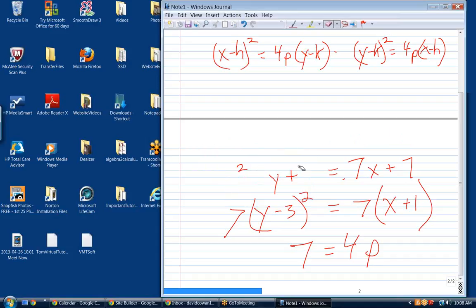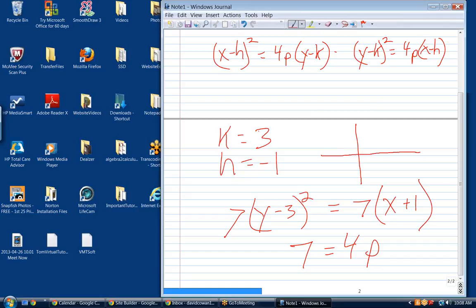Yeah, so can I try graphing this one down? Yep. What did we get? k was equal to 3. h was equal to minus 1. And that's our vertex.